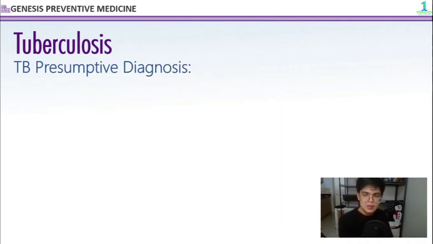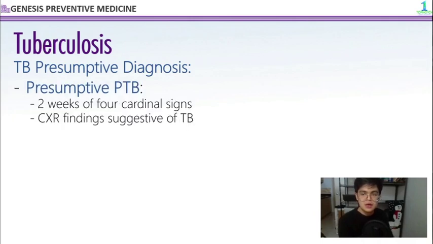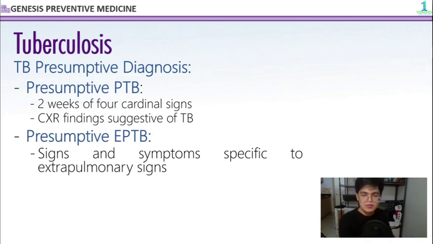Again, the presumptive diagnosis for TB includes 2 weeks of the aforementioned 4 cardinal signs or chest x-ray findings suggestive of TB. And presumptive EPTB, which is extrapulmonary TB: signs and symptoms specific to extrapulmonary sites.